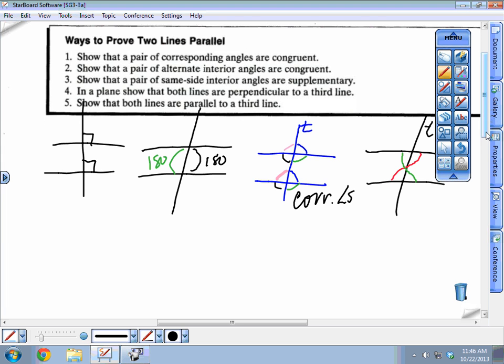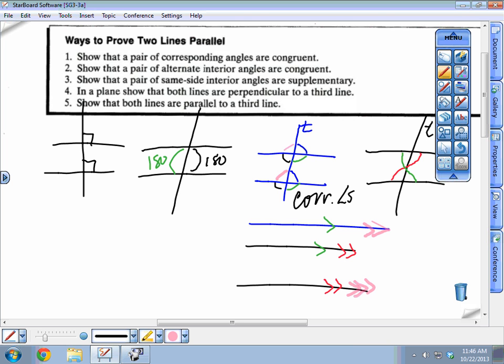If I have 2 lines and I have a third line, and I say that this line is parallel to this line, and I say that this line is parallel to this line, then I know that these 2 are parallel to each other. I'm just going to put some big fat ones on there.